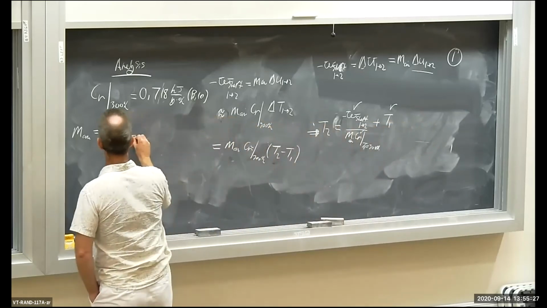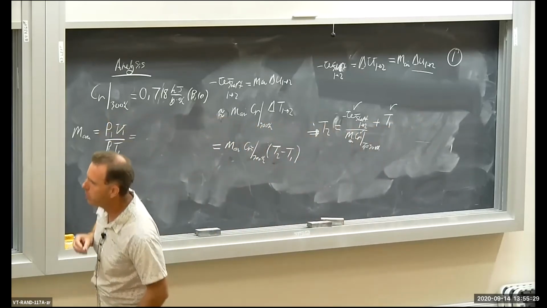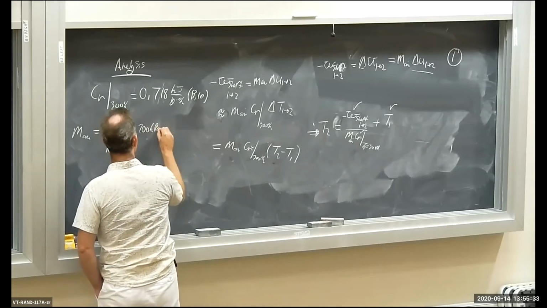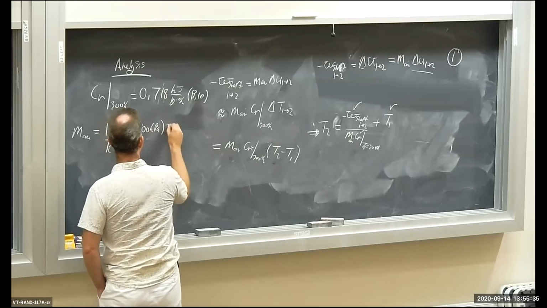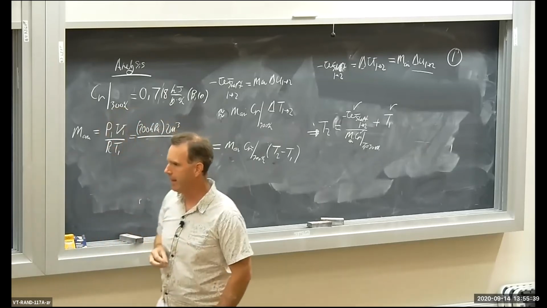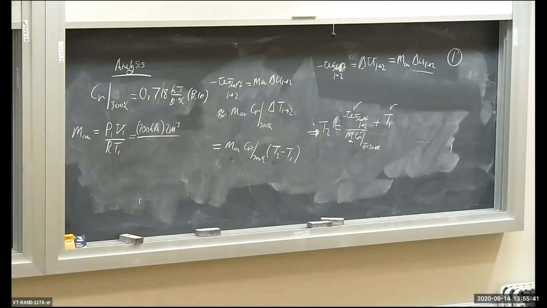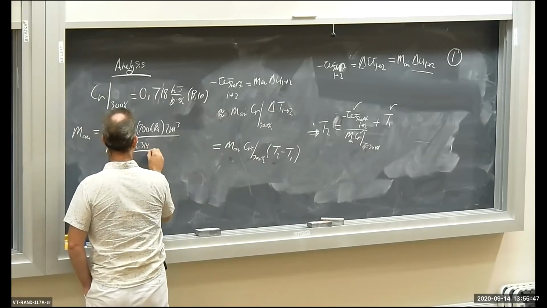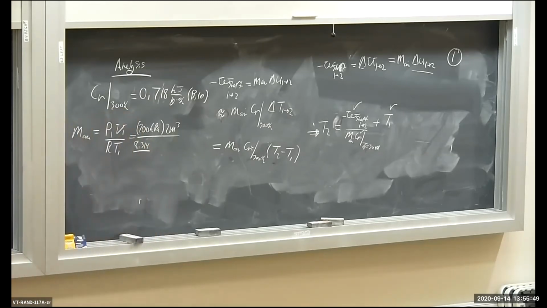Let's see here. The pressure is 200 kPa. The volume is 2 cubic meters. The gas constant for air, 8.314 divided by the molecular weight for air.